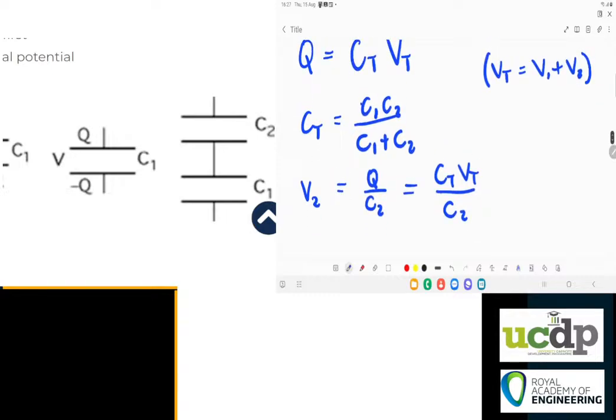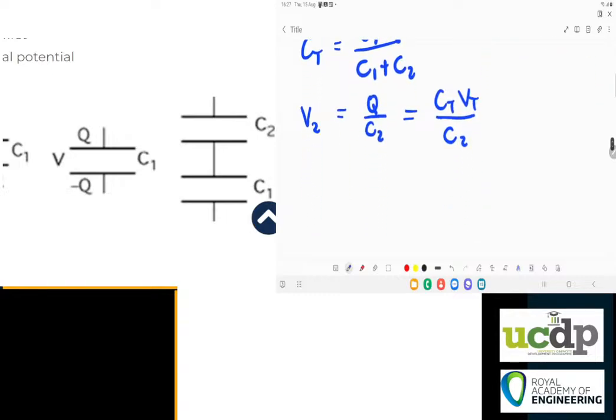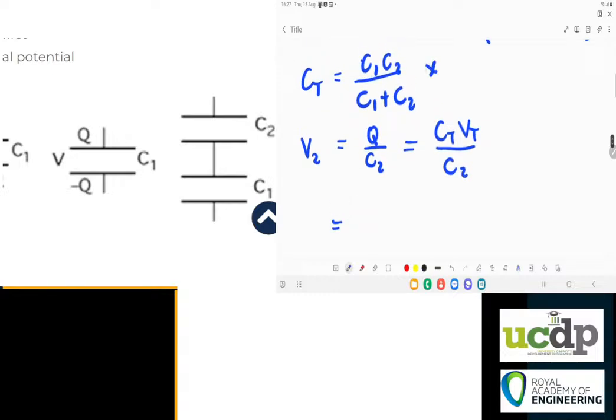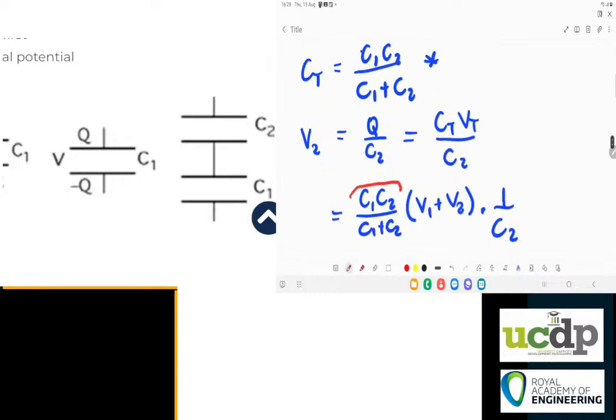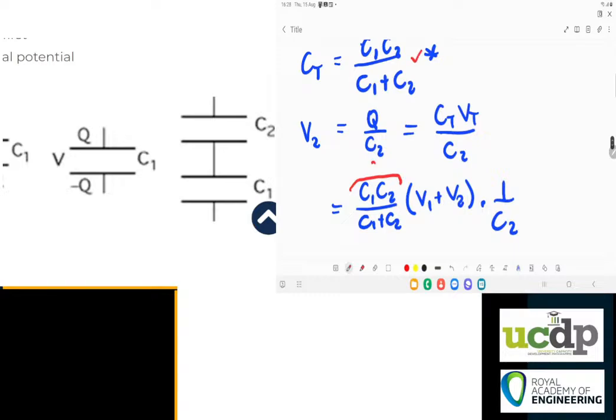Then for our CT, we substitute this expression, which is C1 C2 over C1 plus C2, multiplied by VT, which is V1 plus V2, everything over C2. So we have taken this to be CT. This is CT according to that, and this is VT.